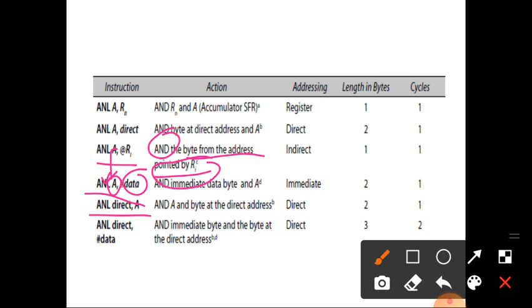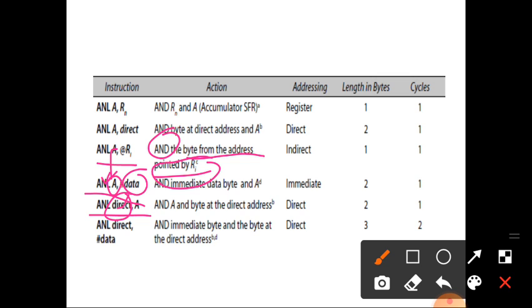Then ANL direct, A. Here, AND A with the byte at the direct address. Whatever data is in the accumulator and the byte at this address will be ANDed, and the result will be stored in that direct memory location.